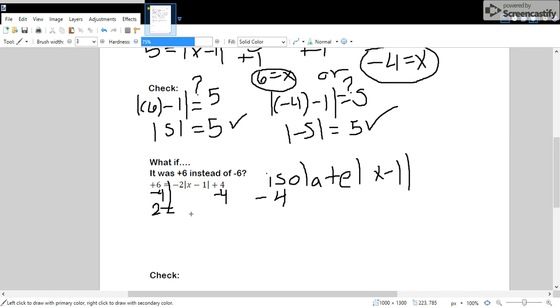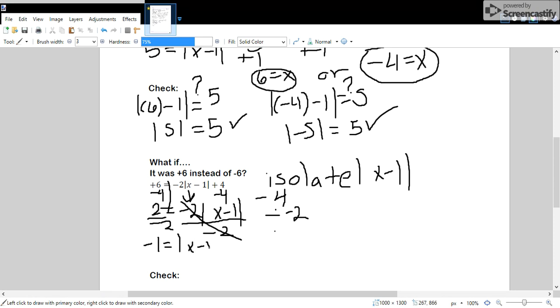So we have 2 equals, bring everything else down, -2 times the absolute value of x minus 1. Close absolute value. Now you want to divide by the number outside the absolute value. So we're going to divide by -2 on both sides of the equal sign. -2 divided by -2 is 1, and 2 divided by -2 is -1.